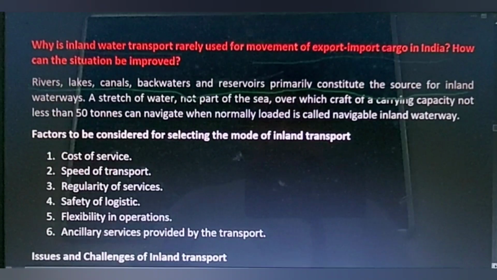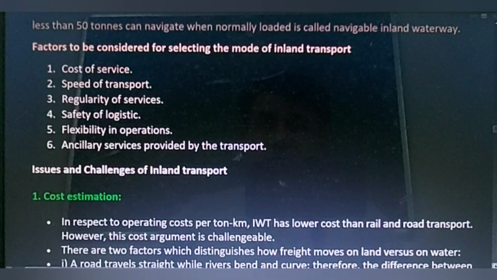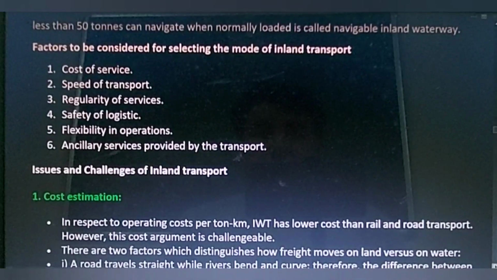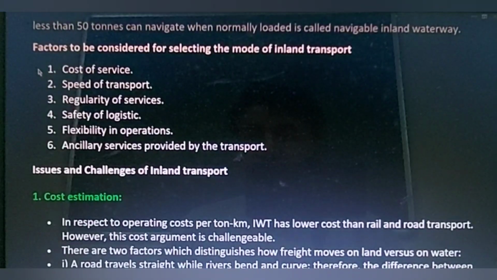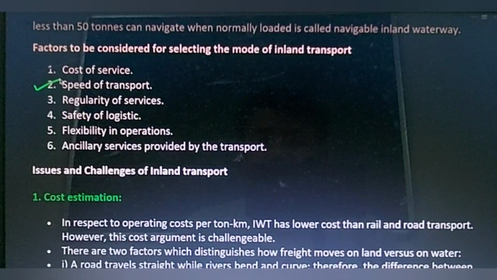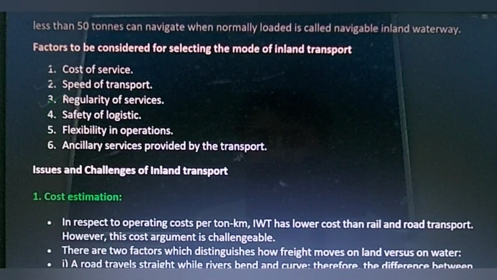This is one problem. And okay, so what are the factors that should be considered when you are choosing a mode of inland transport? Firstly, cost of service, like what is the cost involved, expenses involved. Then what is the speed of transportation. Then consistency and regularity of services.